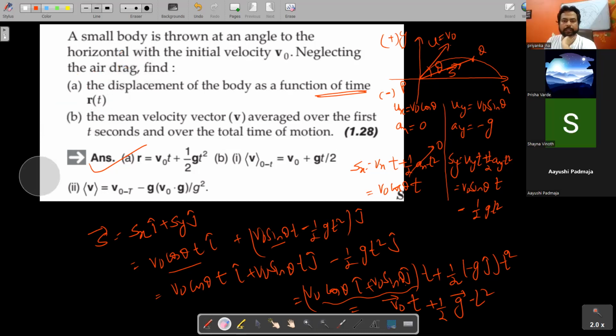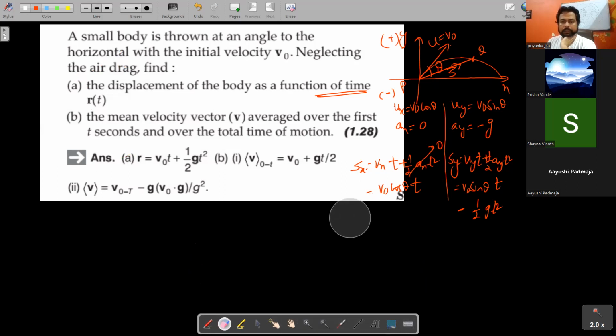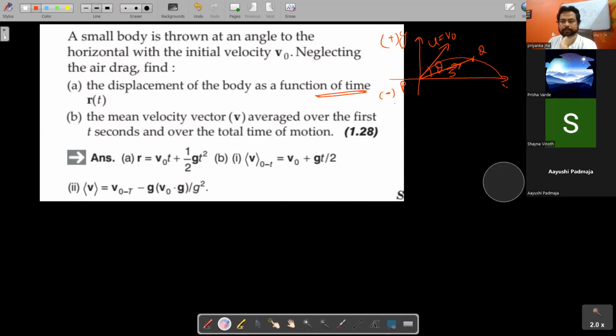Now, second part. In the second part, it is asking two things: the mean velocity vector averaged over the first t seconds, I mean during 0 to t seconds, any t seconds, and then over the total time of motion. Average velocity vector is displacement, which in this case we are representing by r, upon total time.